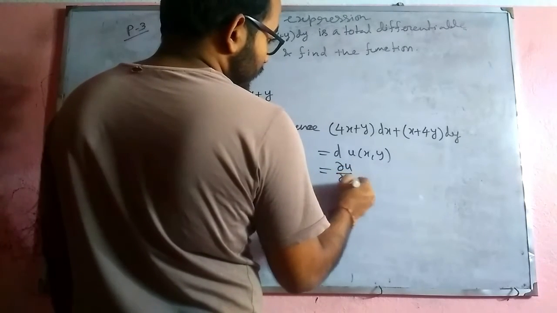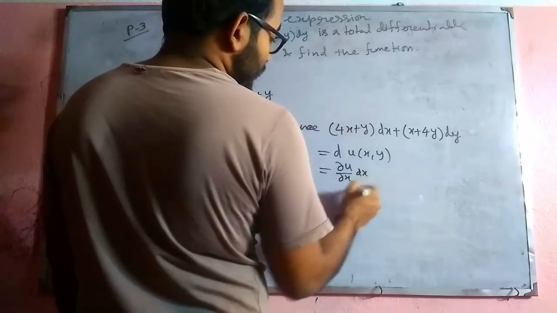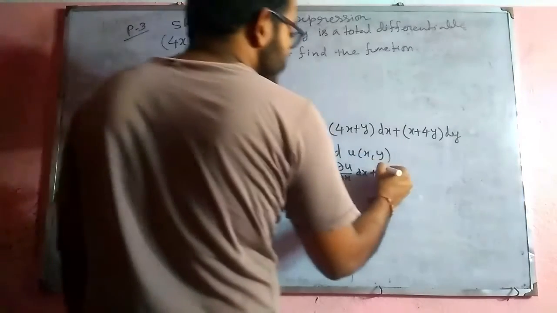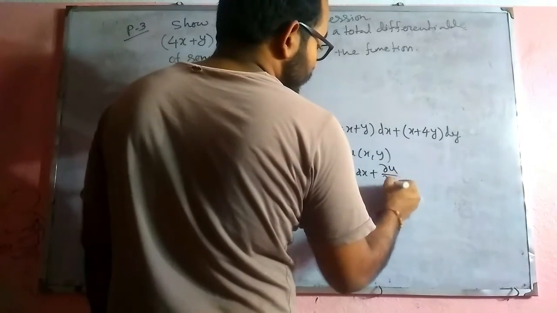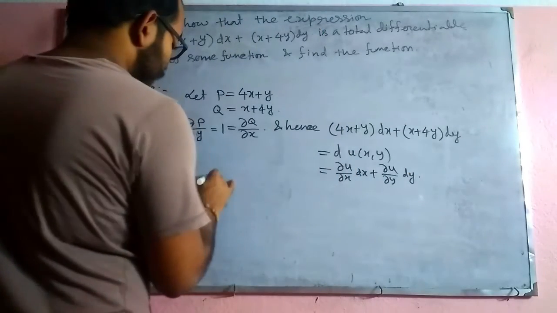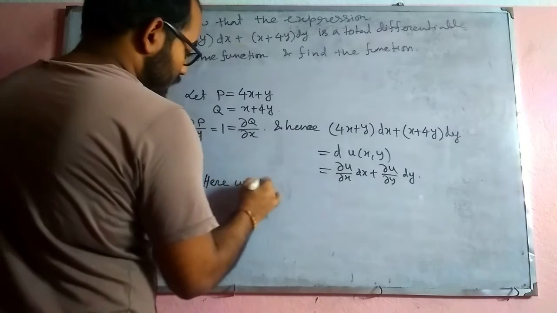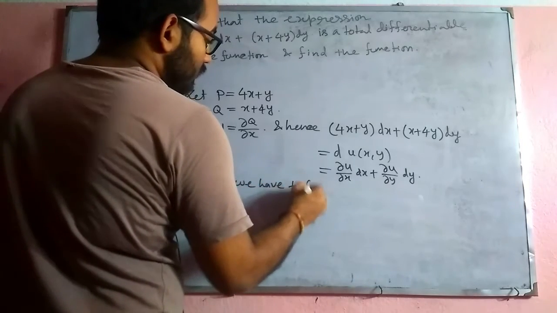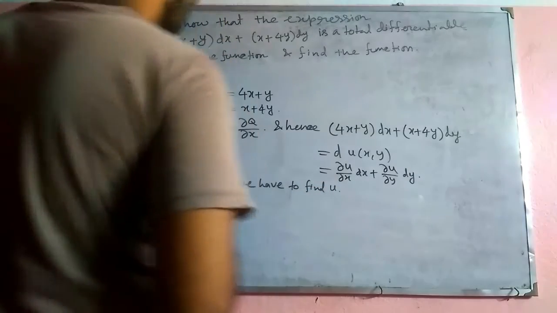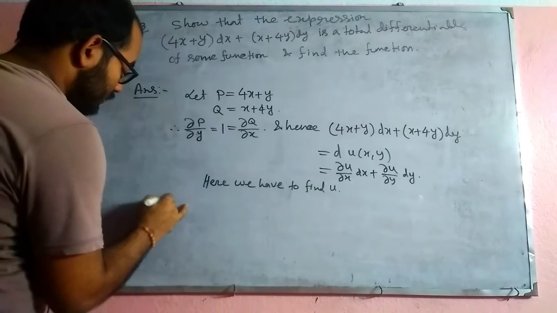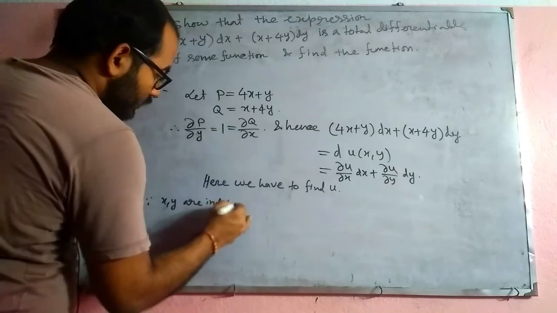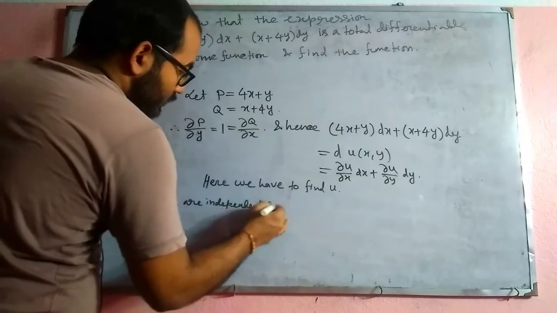which is equal to del u del x into dx plus del u del y into dy. Here x and y are independent.